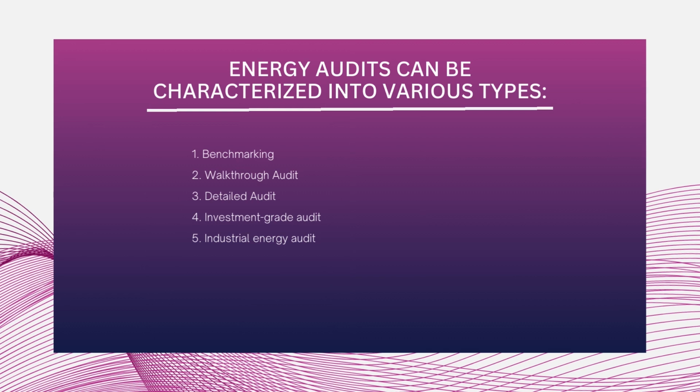It consists of a whole building energy use analysis based on the historic utility use and cost, and the comparison of the performance of the building to those of similar buildings. Through this audit method, a building's performance, whether good or poor, can be assessed at a high level and provide broad evidence for more detailed energy audits.